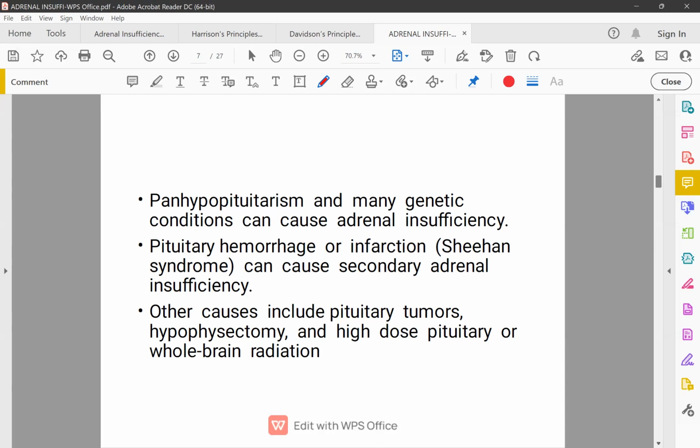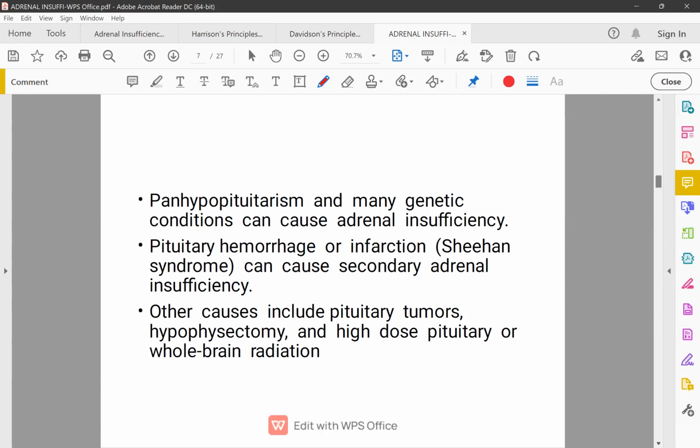Pituitary hemorrhage is called Sheehan's syndrome, postpartum pituitary necrosis. I was fortunate enough to see one case of postpartum pituitary necrosis. She was admitted for PIME, had a delivery, and then suddenly presented with hypoadrenal features and hypotension, hyponatremia, hyperkalemia, not much of mineralocorticoid, more of cortisol, hypotension and dehydration.